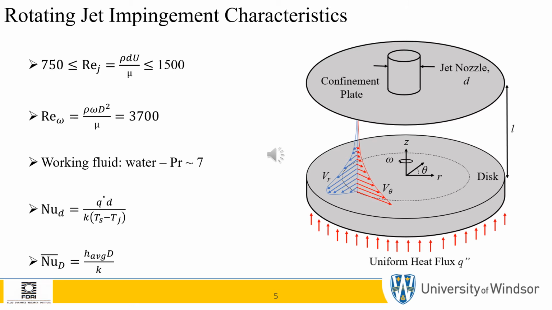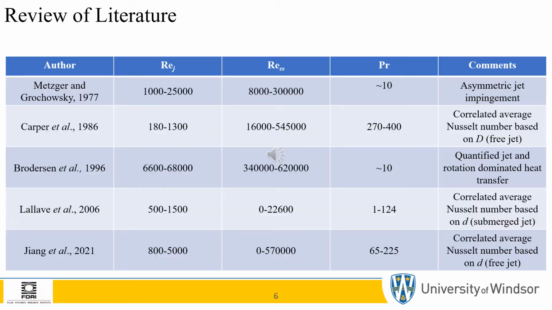To compare with existing literature, an average Nusselt number, Nu bar, is going to be computed and compared with the works of Karper et al., and this will be shown later on in the presentation as well. The literature spans multiple decades, which indicates the interest in this flow field due to its widespread applicability for many various applications.